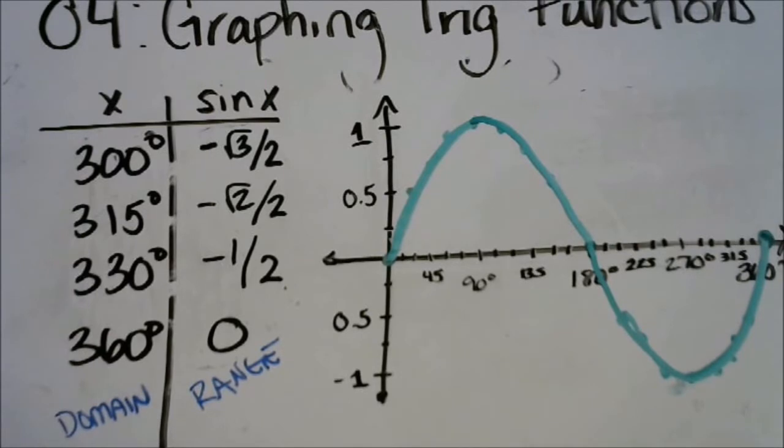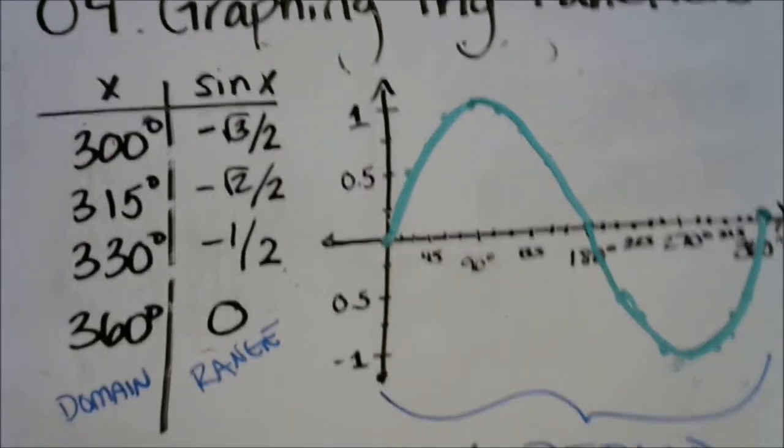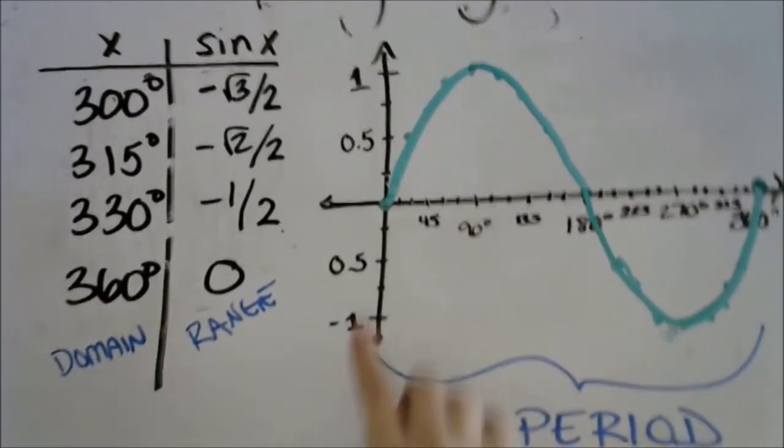Now this is considered 1 period of the sine function. A period is the length of time that it takes to complete 1 full revolution of the curve.